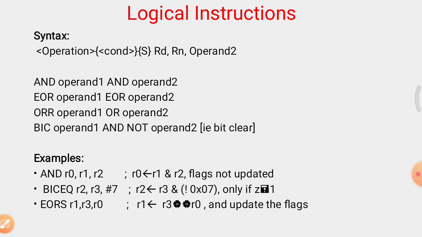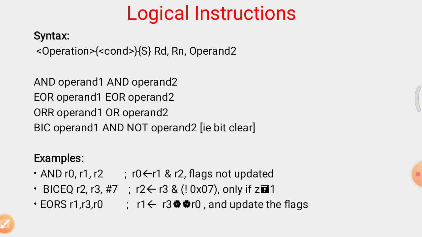BICEQ R2, R3, #7, that is R3 is ANDed with the inverted value of 07 and then loaded into R2. This instruction is going to be executed only if Z is equal to 1.